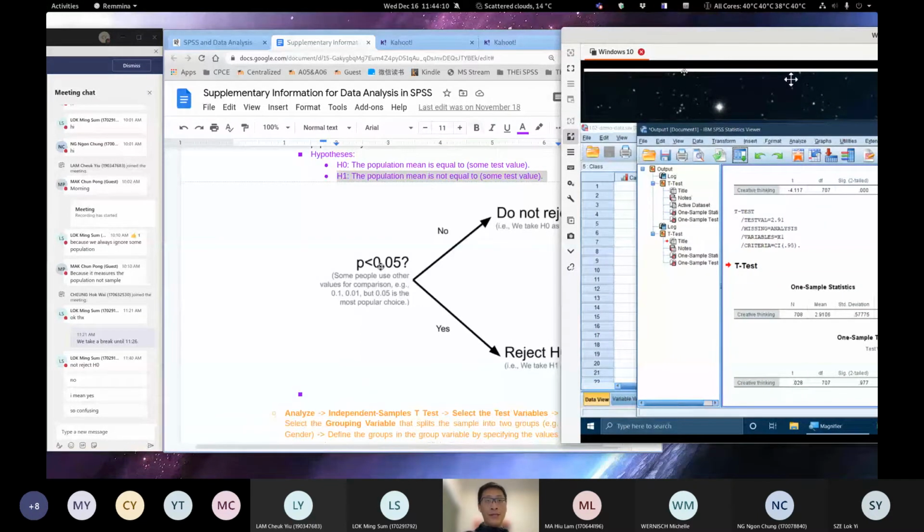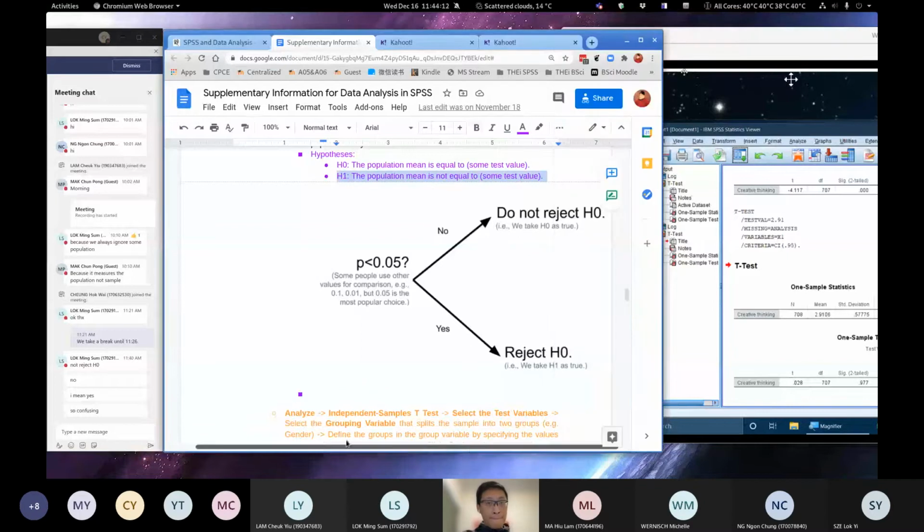Now you go to this tree and you ask, is the p-value smaller than 0.05? Obviously, it is not in this case because the p-value is equal to 0.977. So in this case, the answer is we do not reject H0, or otherwise our conclusion is that the population mean is equal to 2.91.